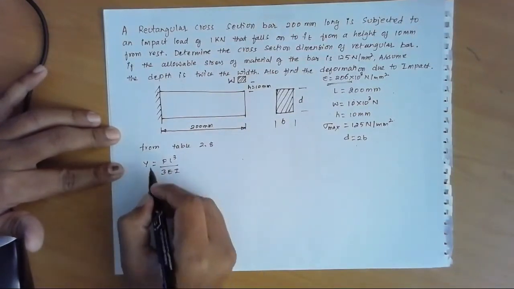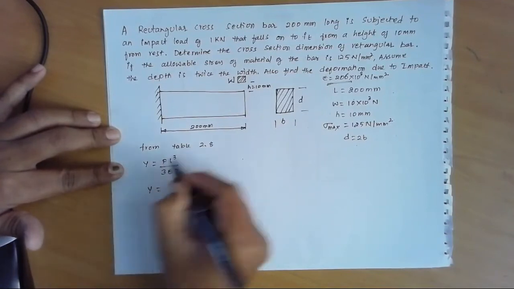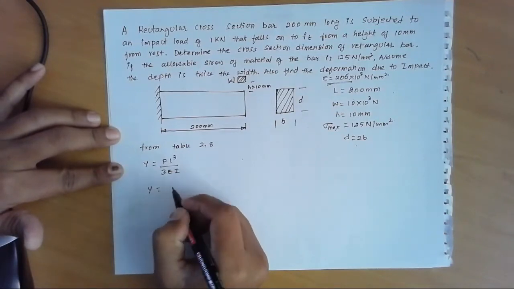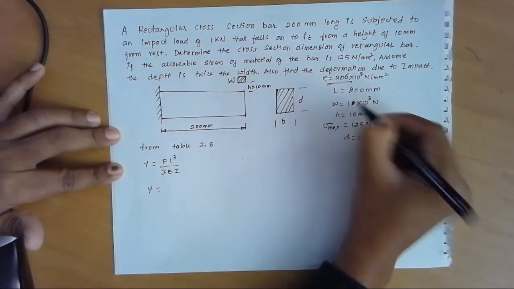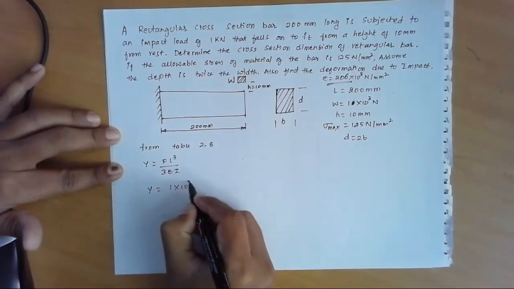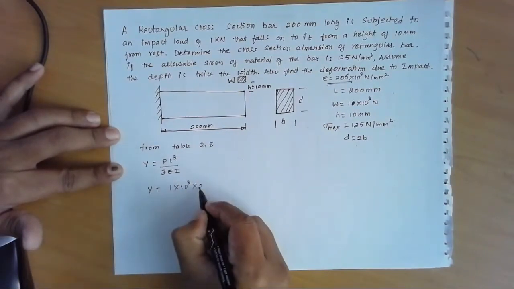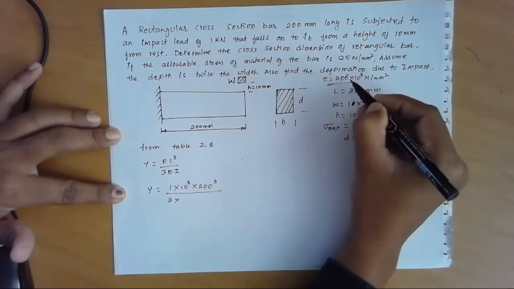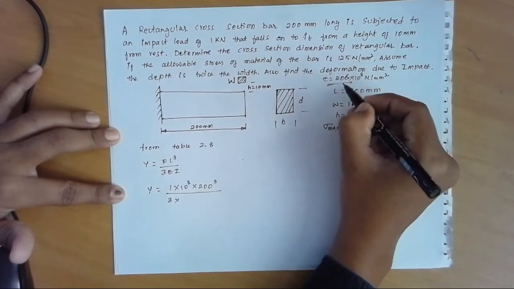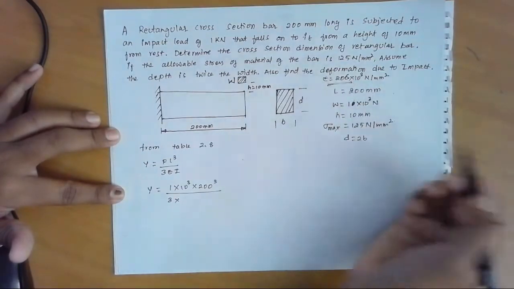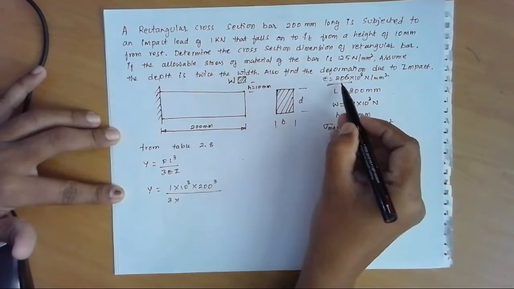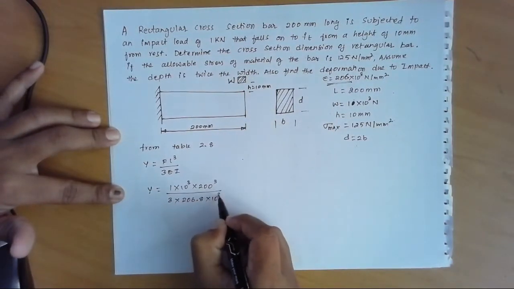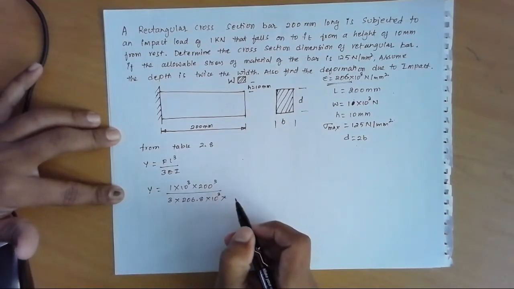Now I will substitute into this equation. So Y is equal to the load, 1 kilonewton, 1 into 10 power 3, into L cube, so 200 cube, divided by 3. Young's modulus can be approximately taken as 206.8 GPa, from the range 200 to 210. So I will take this as 206.8 into 10 power 3, and I is BD cube by 12.